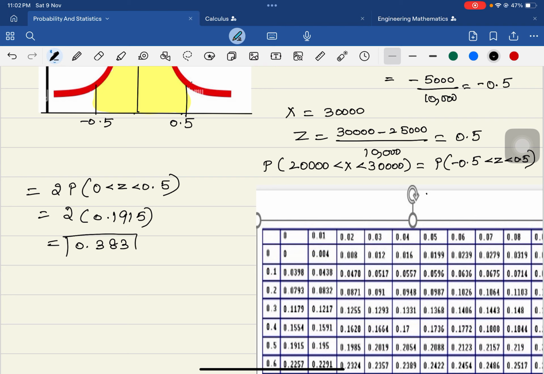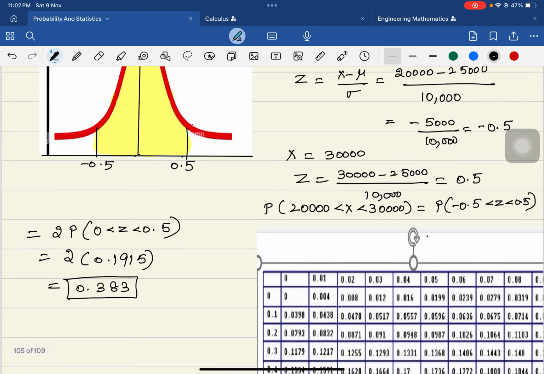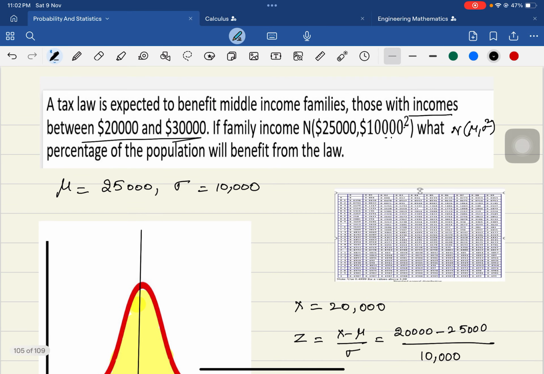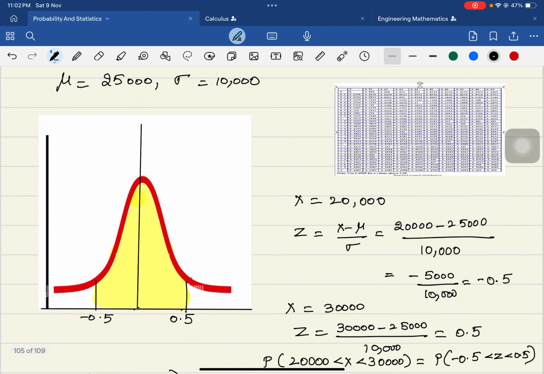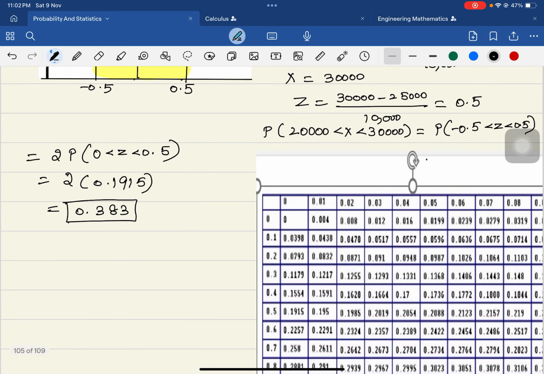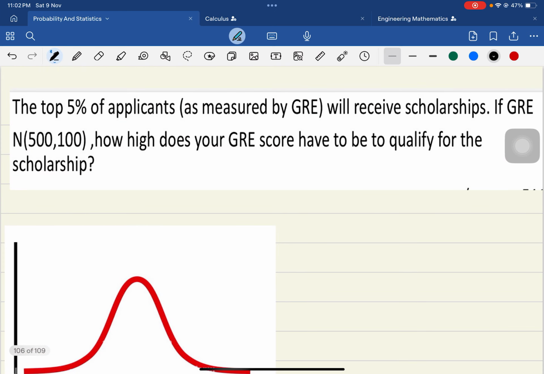So this is the area covered, and this is the probability of income lying between $20,000 and $30,000. So we can understand that the percentage of the population with income between $20,000 and $30,000 is about 38%. Is that clear? So let us now go to the next problem.